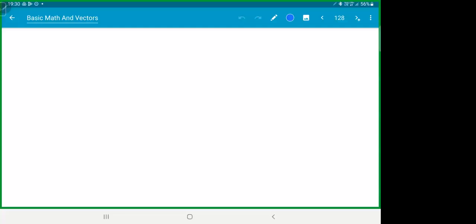Next one. Parallelogram law of vectors. So what this says: consider 2 vectors A bar and B bar at an angle theta.